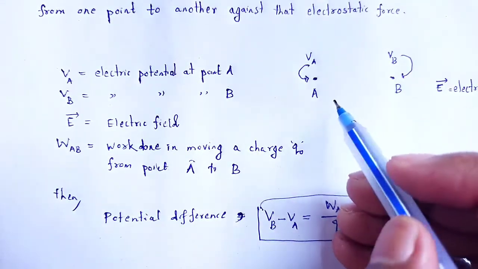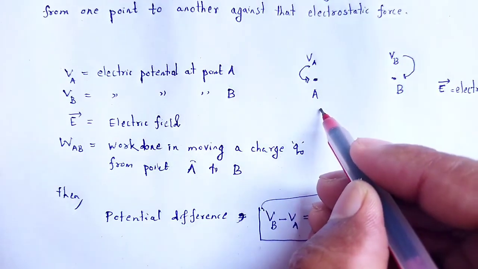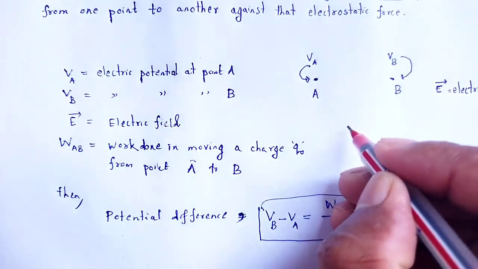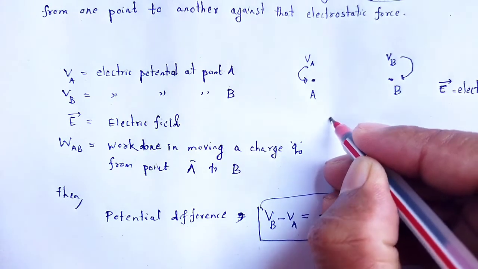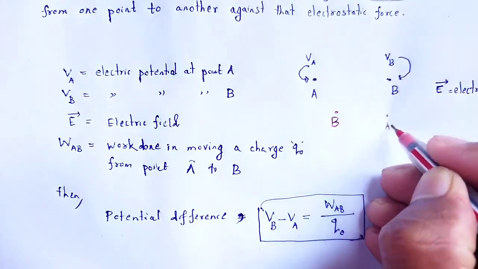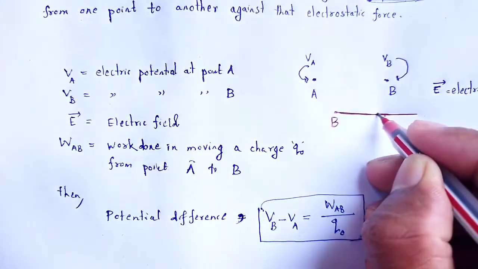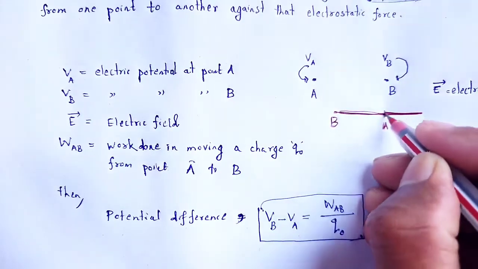The points are arranged like this: B point and A point in such an electric field line.